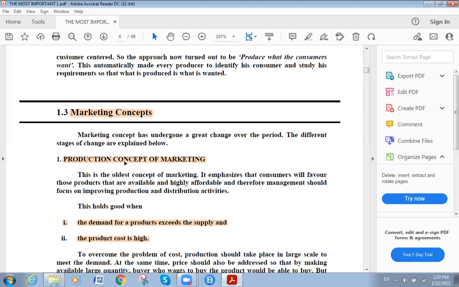So there were no outlets, no stock, no kind of surplus in the market or accumulated stored items or products. Whatever was produced was always consumed and bought by the people. So marketing in this time was not a problem in the production concept.